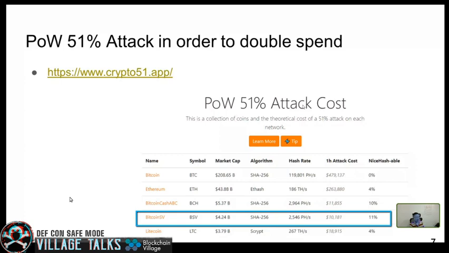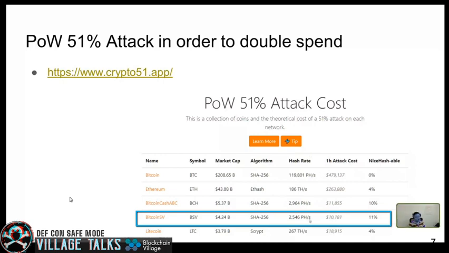So 51% of hashing power means it has a 51% probability to be the miner that can include transactions and change the ledger. A 51% attack means an attacker having more than 51% of the hashing power, so that they can do something malicious.